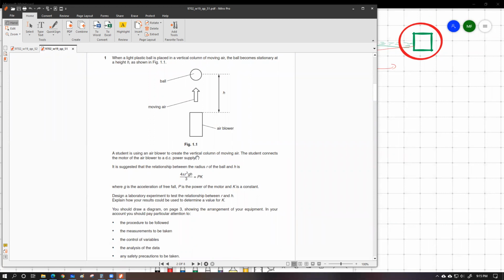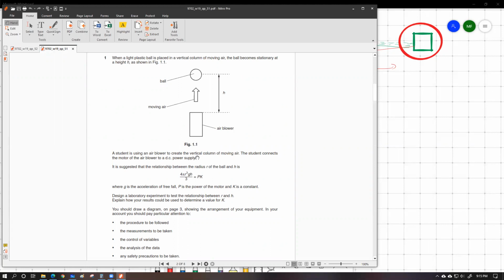Interesting. The H is dependent on the diameter. So if you ask me, there should be at least two control variables for this experiment.